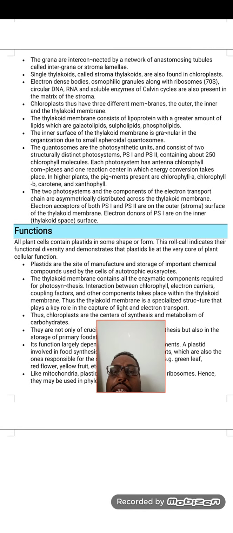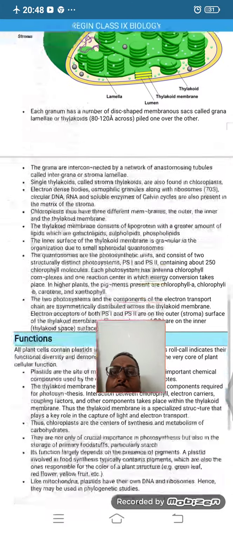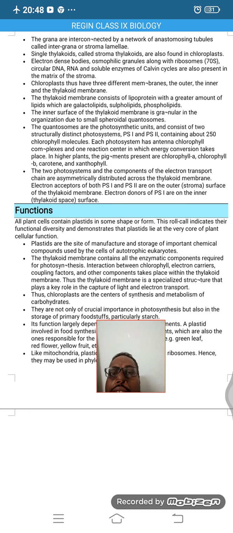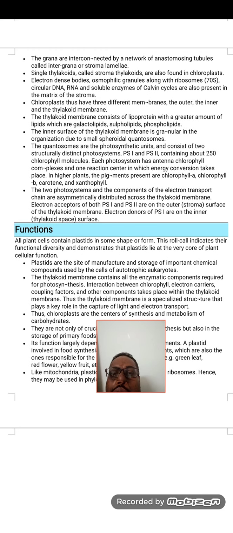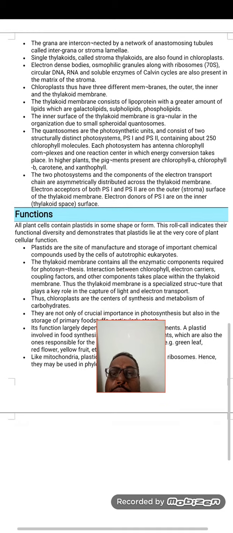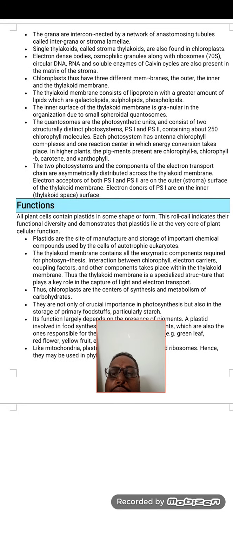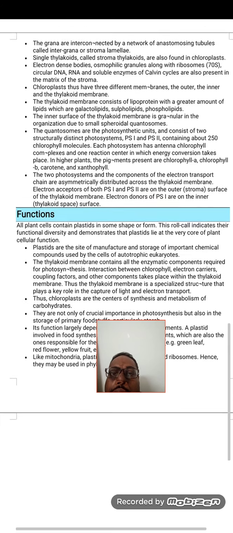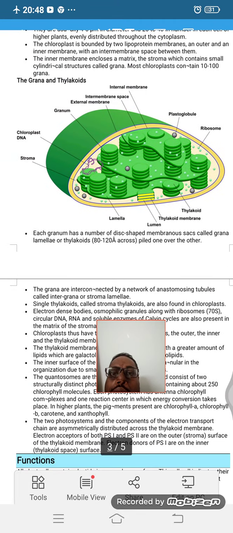These are the main things you have to understand about the chloroplast. Its function is mainly photosynthesis, and some important chemicals are stored and synthesized inside it. Some metabolic activities are also done inside it, and plastids carry some of the pigments. So these are the main things you have to remember.